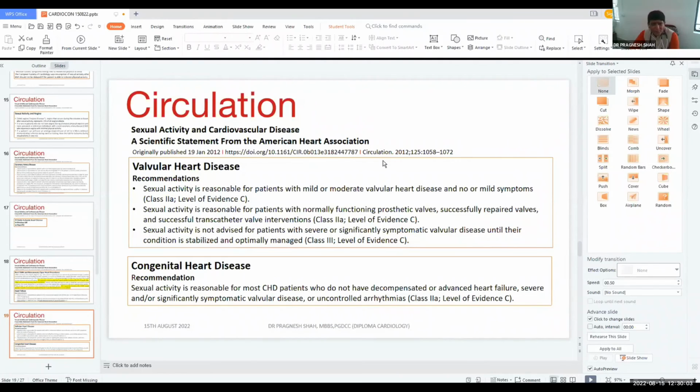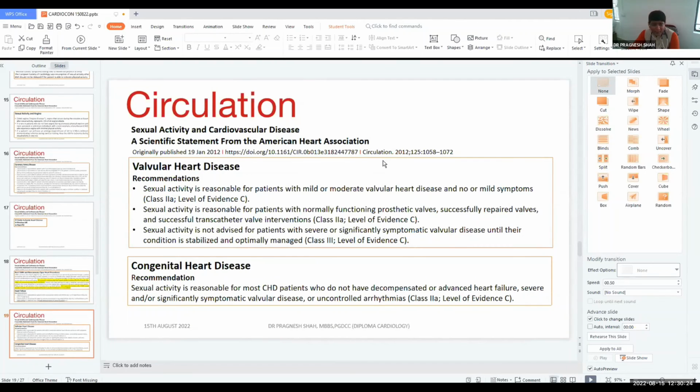Now about sexual activity and valvular heart disease, they recommended that sexual activity is reasonable for patients with mild to moderate valvular heart disease and no to mild symptoms. It is reasonable for patients with a normally functioning prosthetic valve, a successfully repaired valve, and successful transcatheter valve intervention.